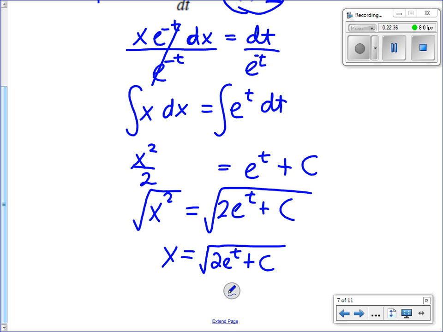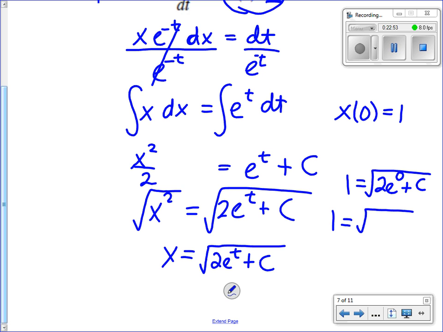Okay, then we can use our initial condition. So remember, that was x of 0 equals 1. We're going to plug in 1 for x and 0 for t. Now remember, e to the 0 is equal to 1. So this just ends up equaling the square root of 2 plus c.